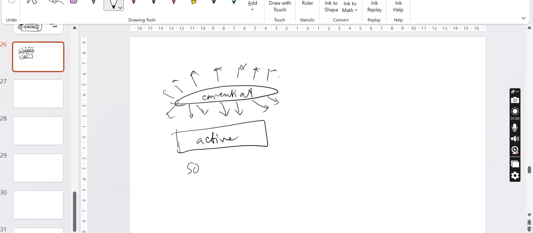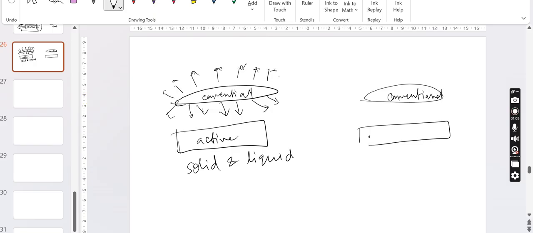If the active medium is solid or liquid, then a conventional light source acting as the pump in the side configuration will work. But the same thing will not work if the active medium has gaseous molecules. It emits light in every direction, so that will not work.